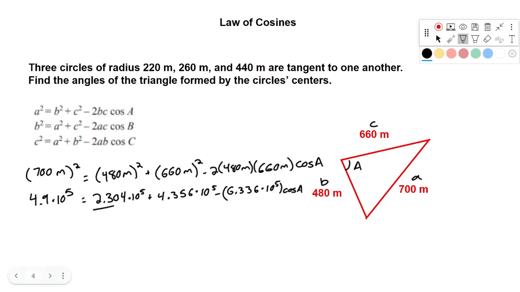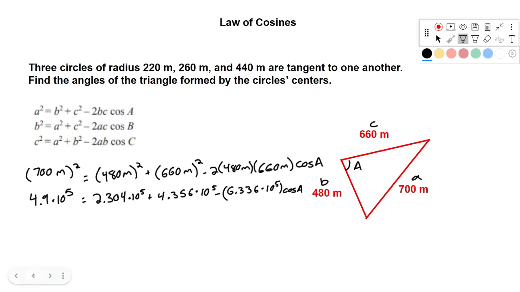So we're going to subtract out these two terms from the first term here. So 4.9 times 10 to the fifth minus 2.304 times 10 to the fifth minus 4.356 times 10 to the fifth.